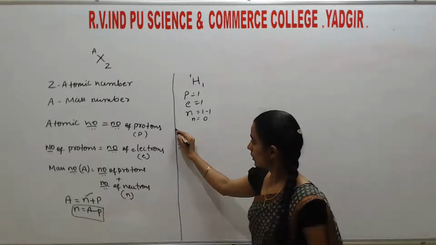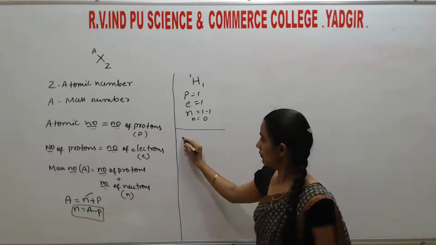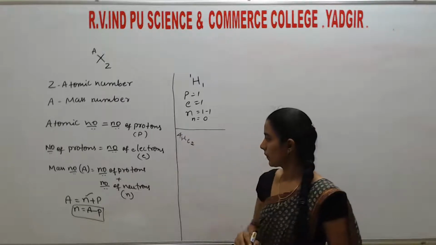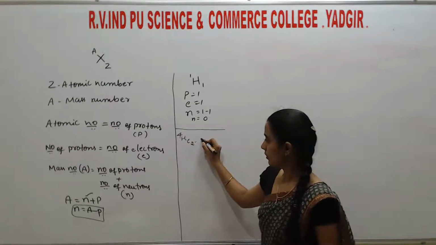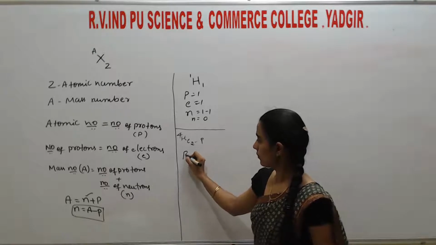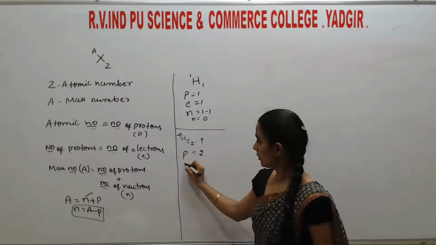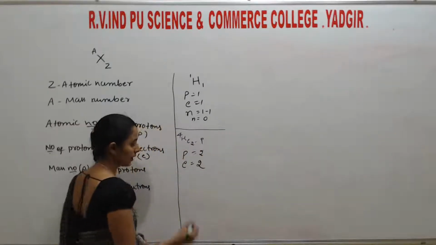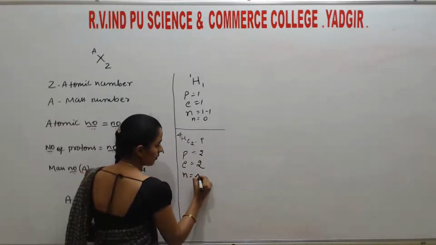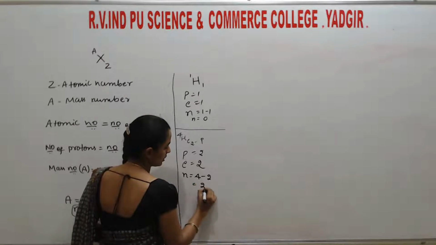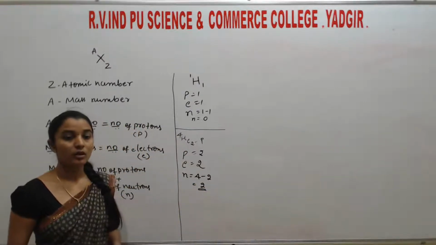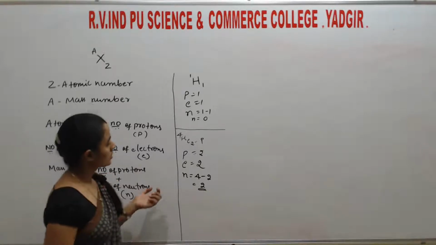If you want to check it for He, 2, 4, okay, so this is P. So number of proton is 2, then the number of electron is also equal to what? 2. The number of neutron is 4 minus 2, that is equal to 2. Okay.